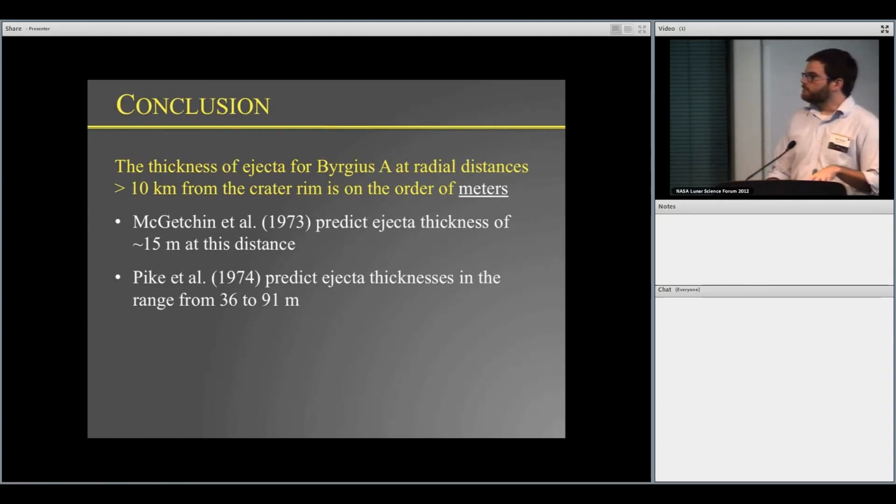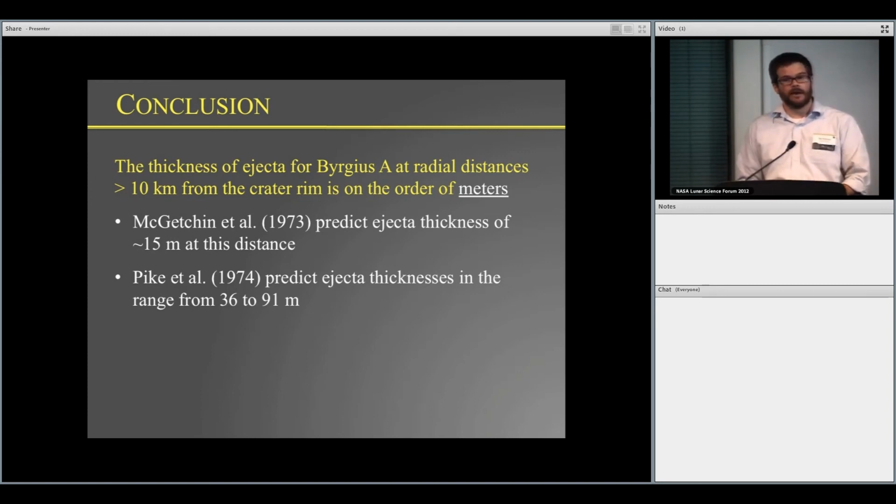But various authors from way back when in the 70s, Mkhi and Pike, predicted ejecta thicknesses much larger than that at that radial distance from Burgess A. So what we may be getting, first of all, is a hard constraint on ejecta thicknesses at a given distance from the center of a crater using the radar data.